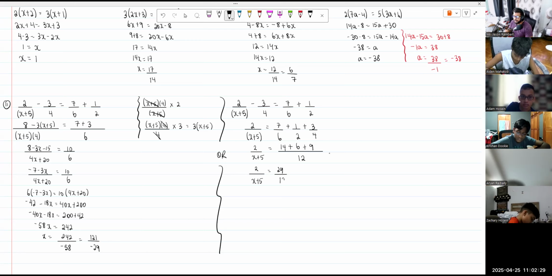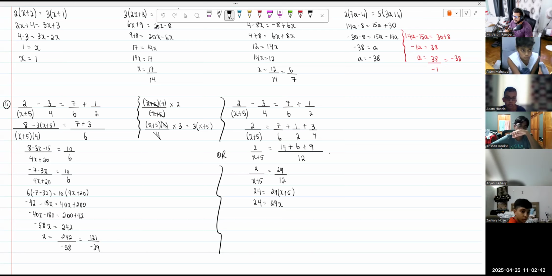I can cross multiply here. Cross multiply, I get 12 times 2, that's 24, is equal to 29 into x plus 5, which is 29x plus 29 by 5 is 145.